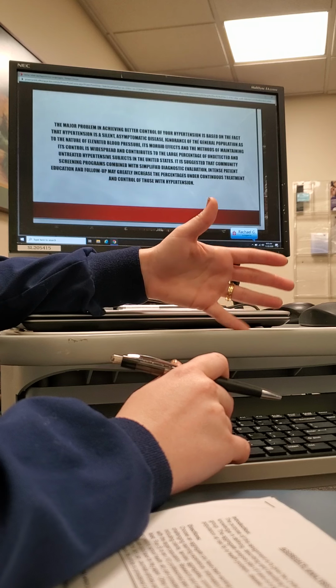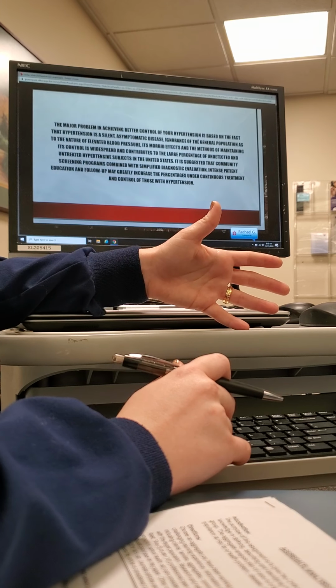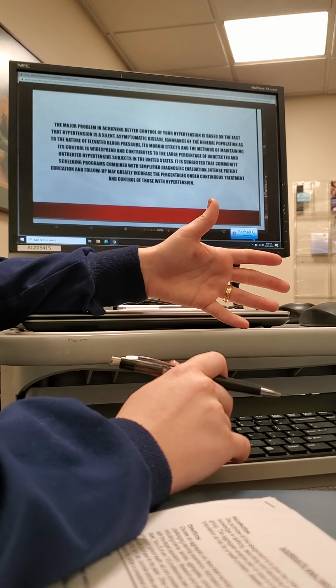I don't believe you can give blood if your blood pressure is over 180. That might have changed since the last time I donated, but you see my point. So patient education, again, what I'm doing here, and then screening programs also includes cardiac rehab. We monitor your blood pressure frequently before, after, and even during your workouts at times.